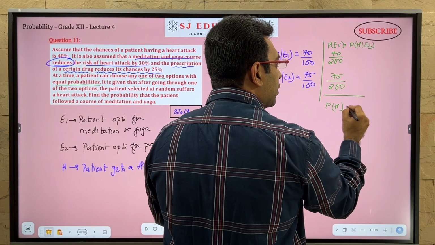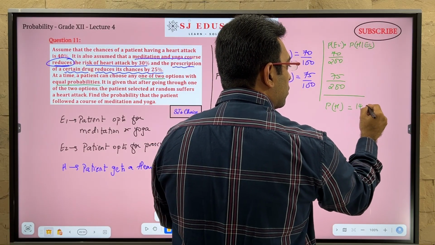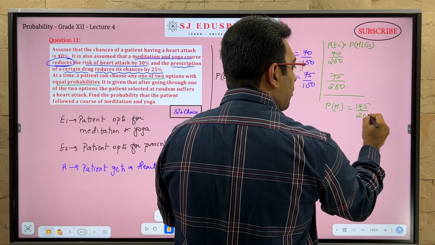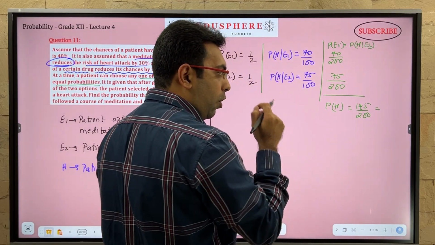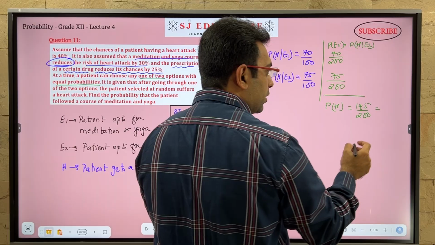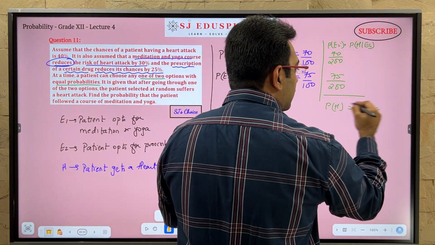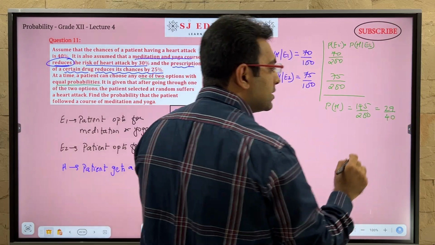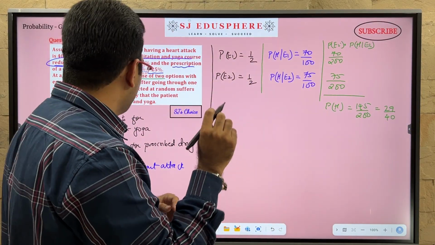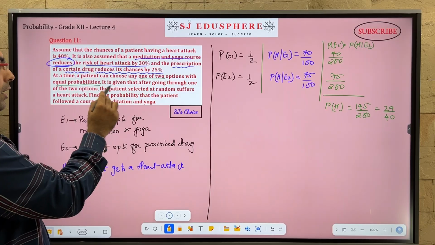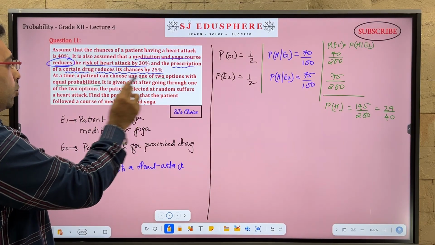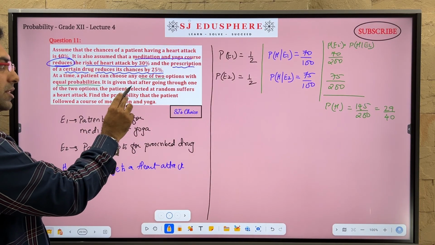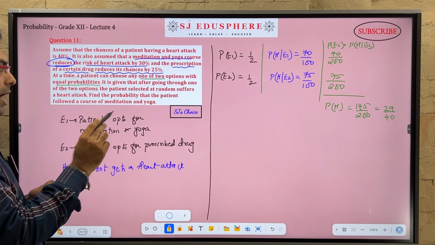That adds up to 145 upon 200. My question says, it is given that after going through one of the two options, the patient selected at random suffers a heart attack.